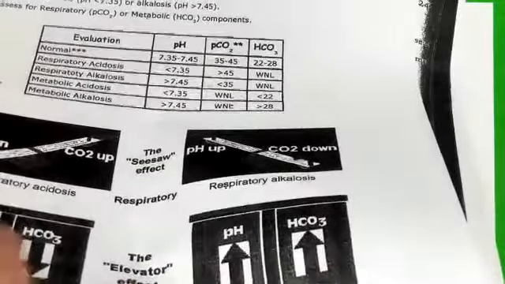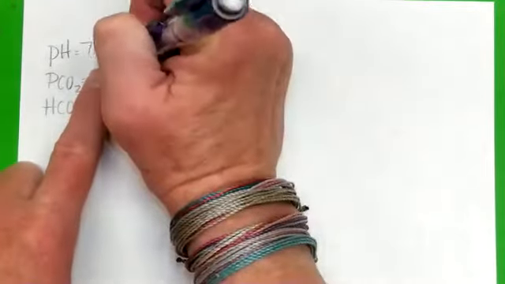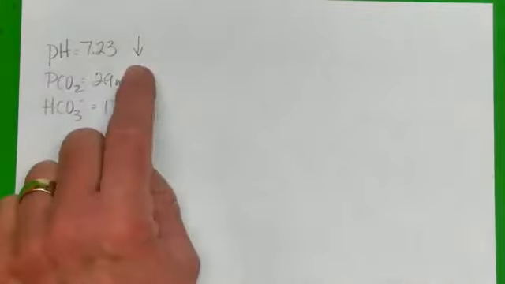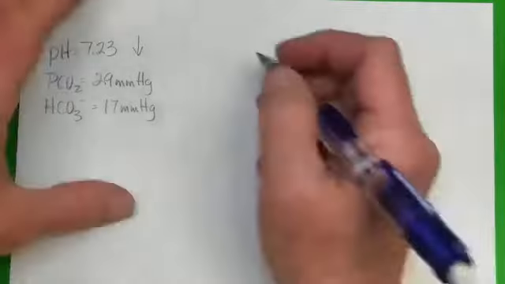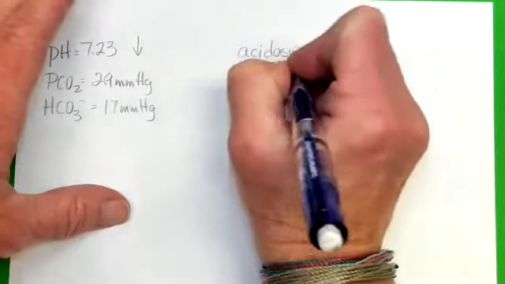We're going to come back to that. So determine if it's acidosis or alkalosis. The pH is below 7.35, so I'm going to put a down arrow. It says if it's less than 7.35, then it's acidosis. So I'm going to write acidosis right here.